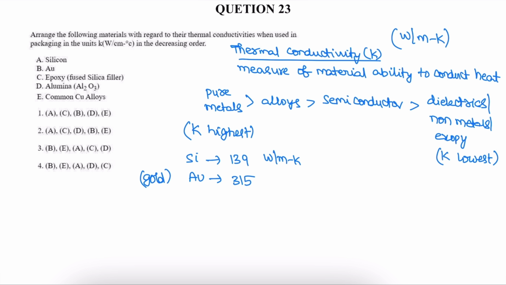For alumina 30, for epoxy 0.14. So therefore answer is alumina 30, epoxy 0.14.